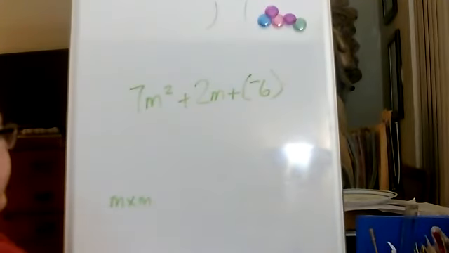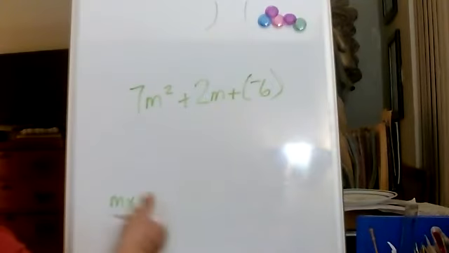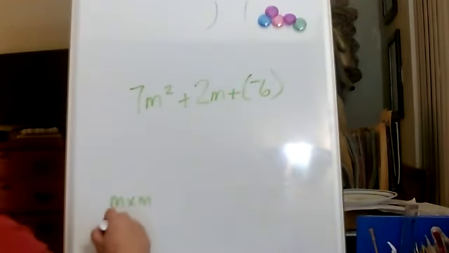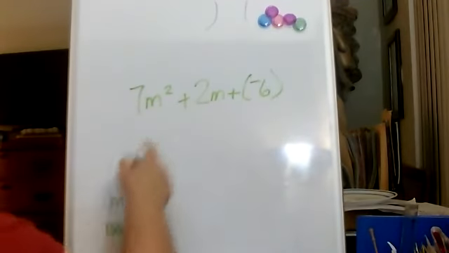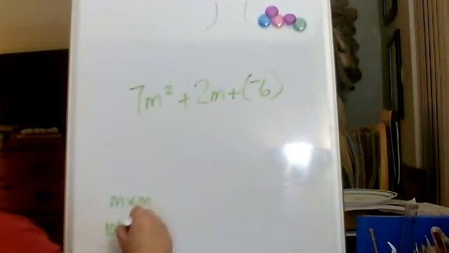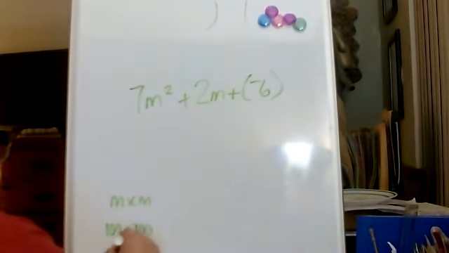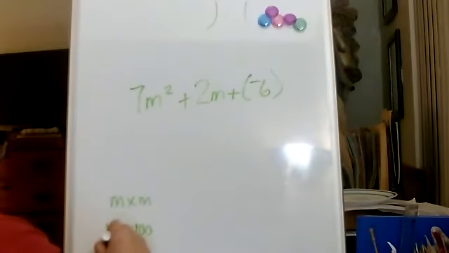Okay? So say if the value of m was 100, this is going to be 2 times 100, which would be 200, but this is going to be 7 times 100 times 100, which is actually 10,000 times 7, which would be 70,000.